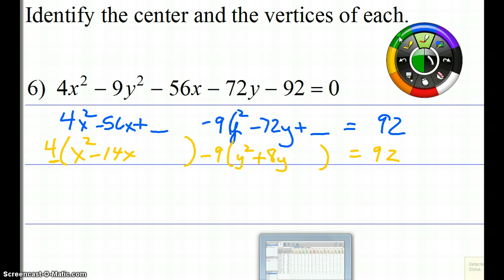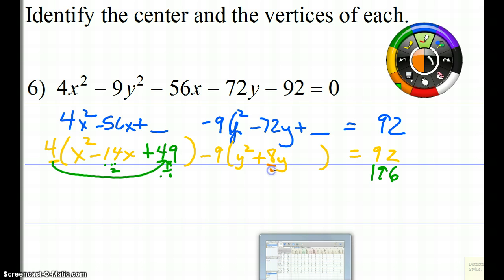And now let's go through completing the square. So completing the square, we take half of 14, we square it, we get a 49. But remember, we're doing this to this side. So a positive 4 times 49 is 196. So add 196 to both sides.